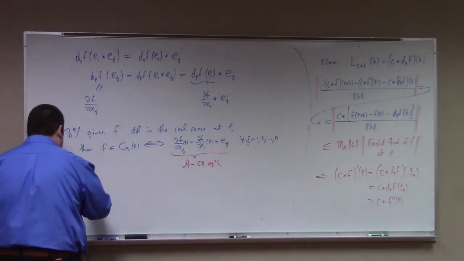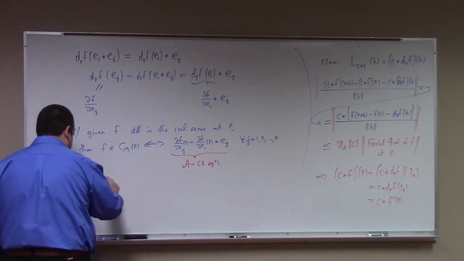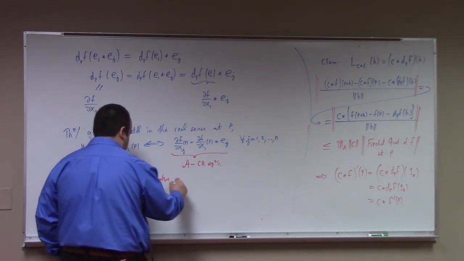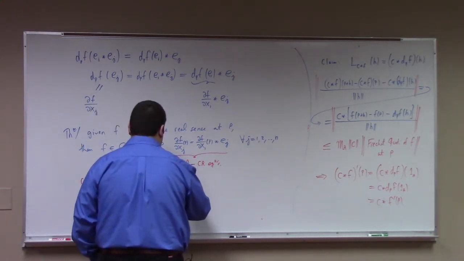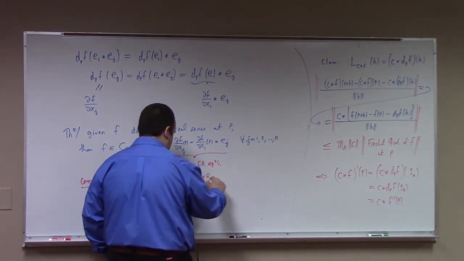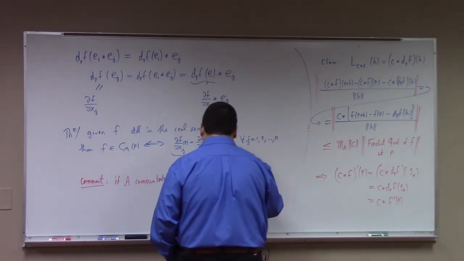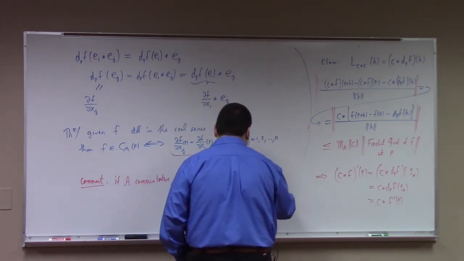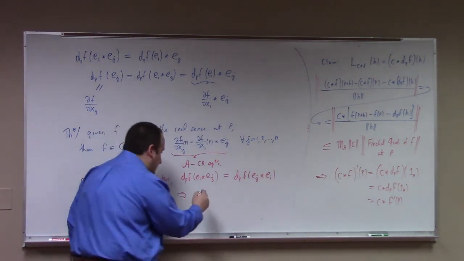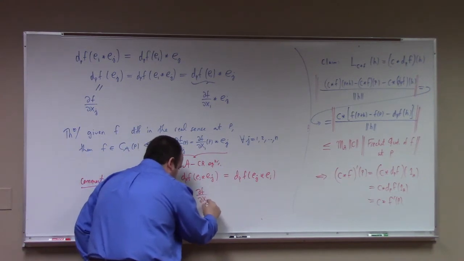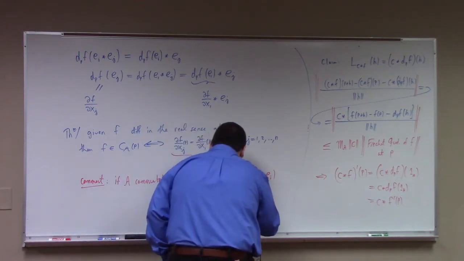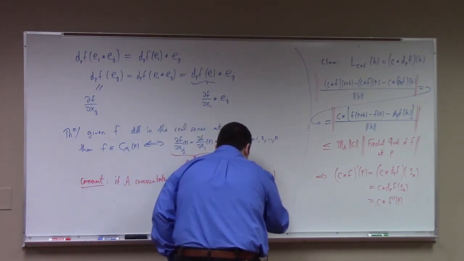And I would make a comment. If A is commutative, then we have that dpf of EI times EJ is equal to dpf of EJ times EI, and that implies the so-called symmetric form of the A Cauchy-Riemann equations, in particular partial f partial xi at P times EJ is equal to partial f partial xj at P times EI.